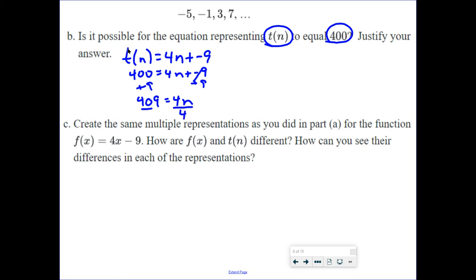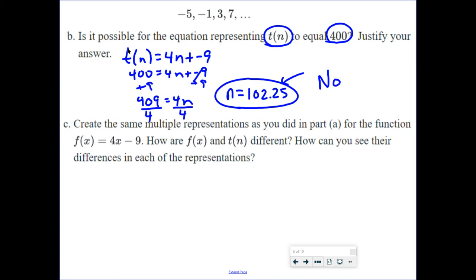If I'm going to divide by 4, am I going to get a whole number from an odd number? No, I'm not. It would be 102 and one fourth. So, is it possible for t of n to represent 400? No, it is not possible because the terms must be whole numbers, which is what a lot of you shared with me, which is pretty cool.